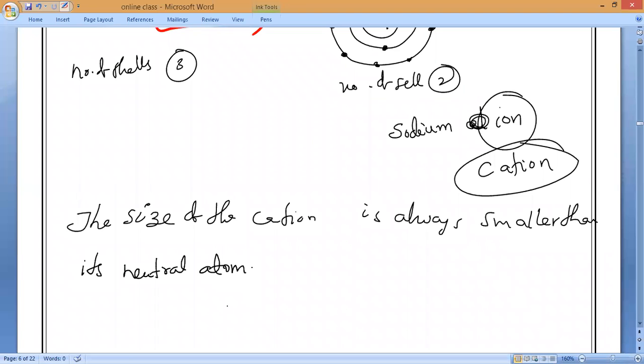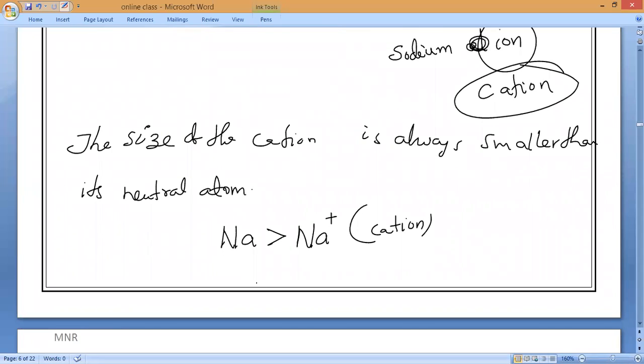What is the example? Sodium atom is greater than sodium plus, the sodium ion. Or I will write it like this: the sodium ion is less than the sodium atom. Please remember that.